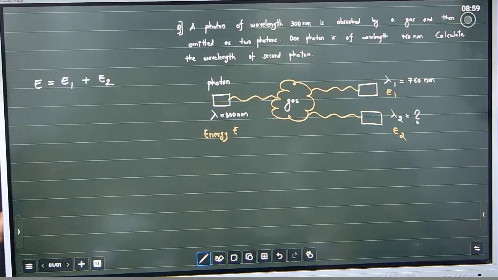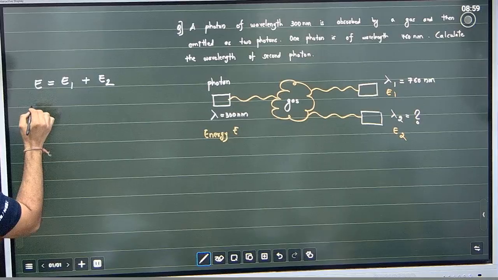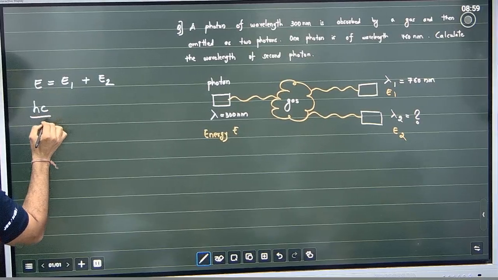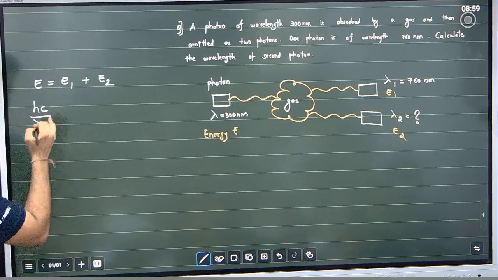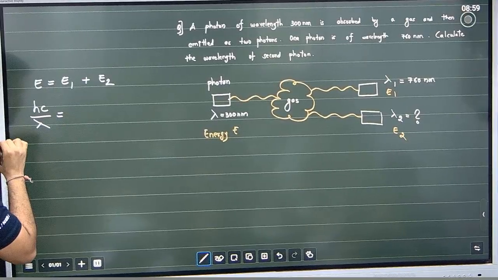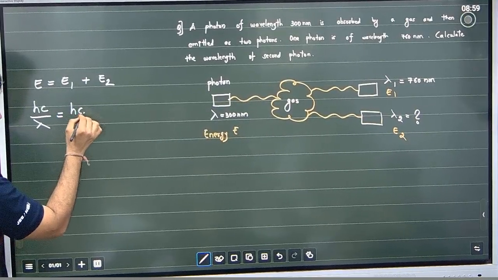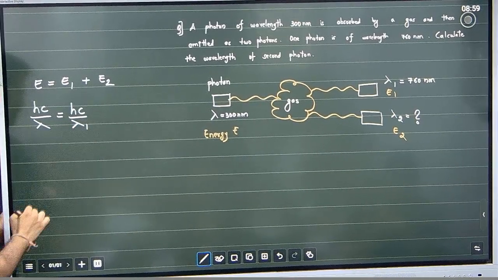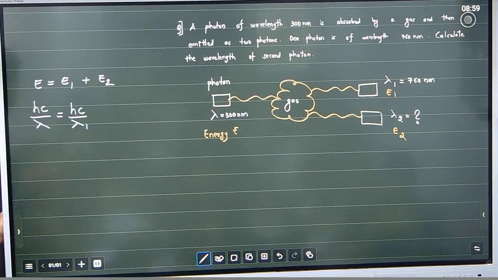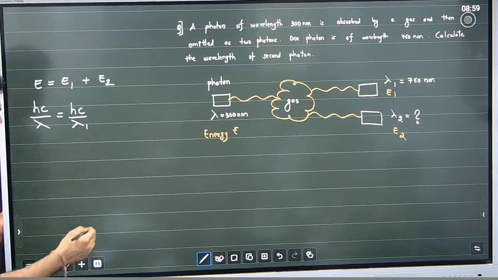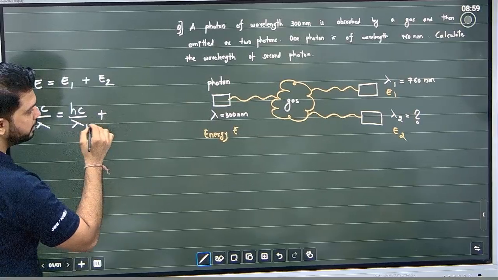What is the formula for energy of a photon? So E is hc over lambda. What will the formula for E1 be, people? hc over lambda 1. Because h is Planck's constant, c is what? That's also a constant. Plus, how will you write E2, people?